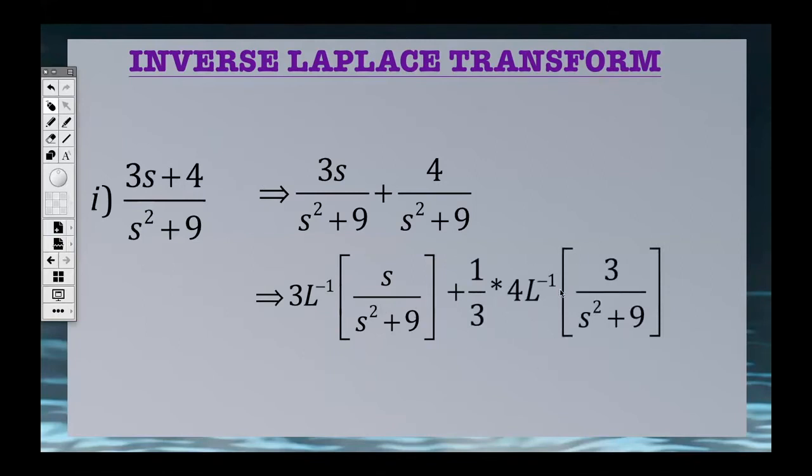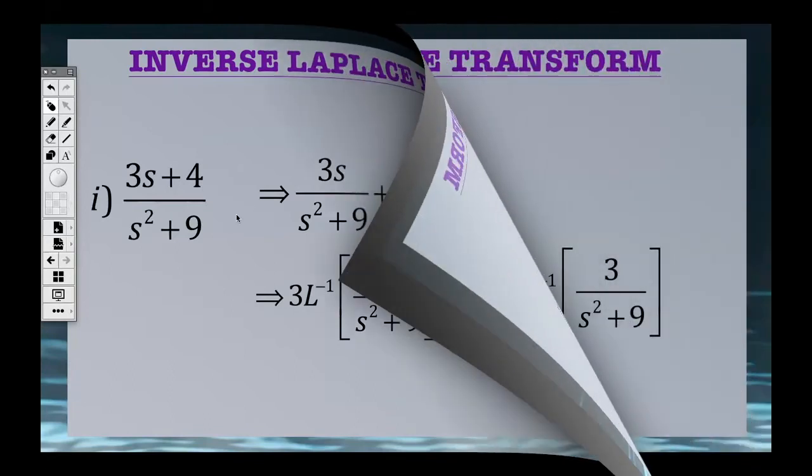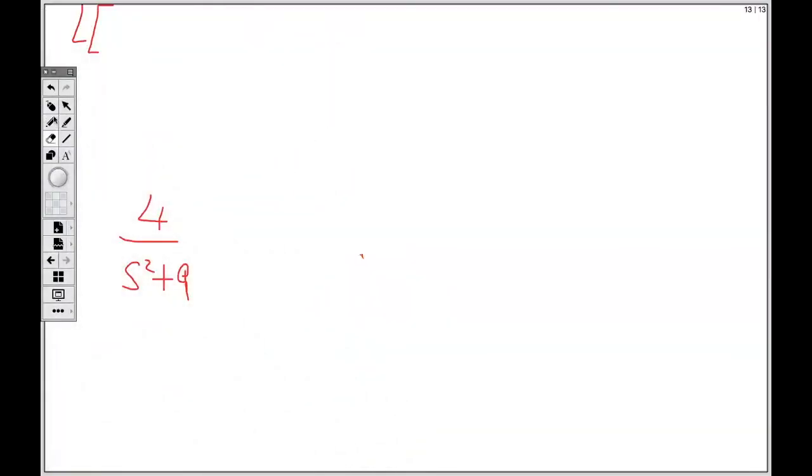So I'm going to display my whiteboard and explain what is happening. Just to remind you, the Laplace transform of sine at is equal to a over s squared plus a squared.